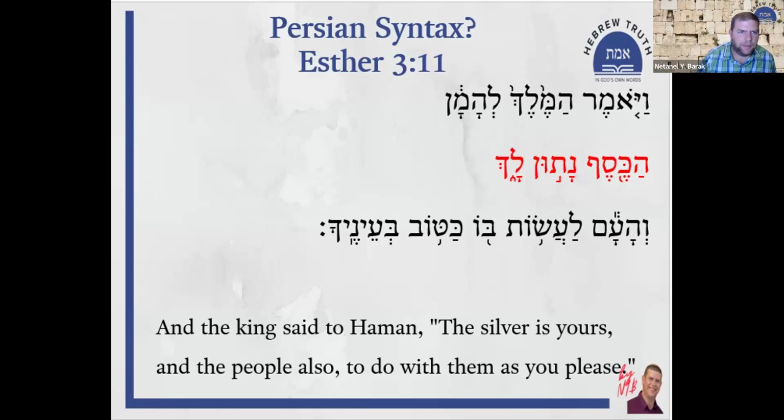Verse 10, the king is taking off his signet ring. I don't have a signet ring, just a regular ring, but it will have to do. And he gives it to Haman, the son of Hamdata. Okay? And he says to him, take the money and the people. Doesn't make a lot of sense. What about the money? Why wouldn't he take the money?